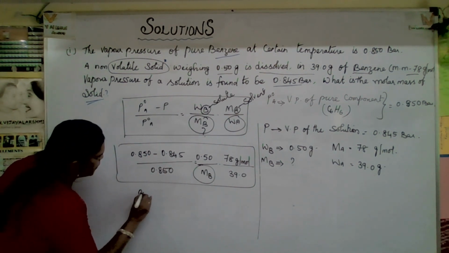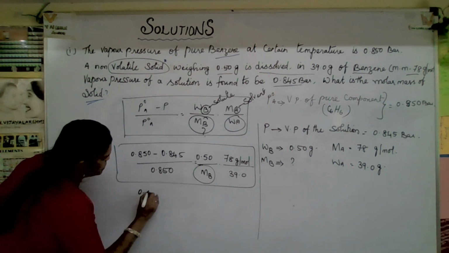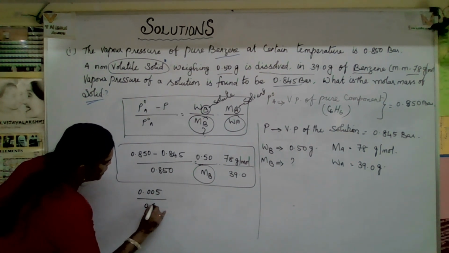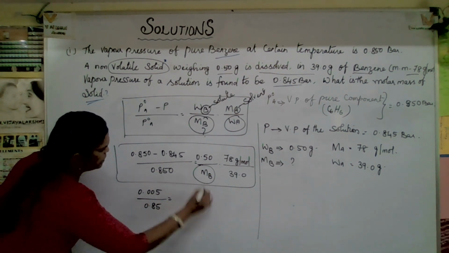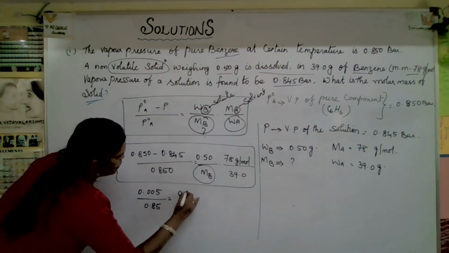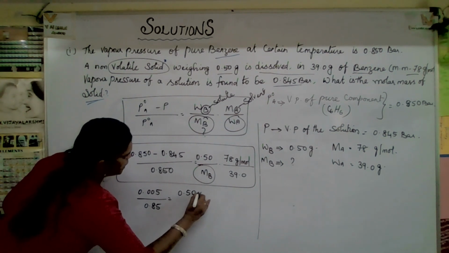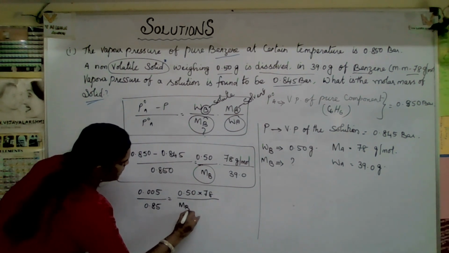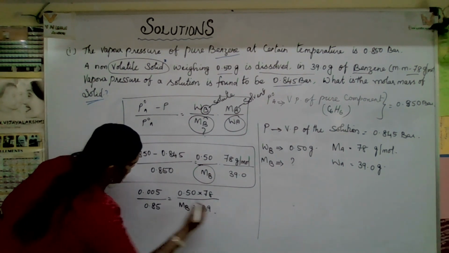So from this, you know very well how to identify that. Here 0.005 divided by 0.85 equal to the same, 0.50 into 78 divided by MB into 39.